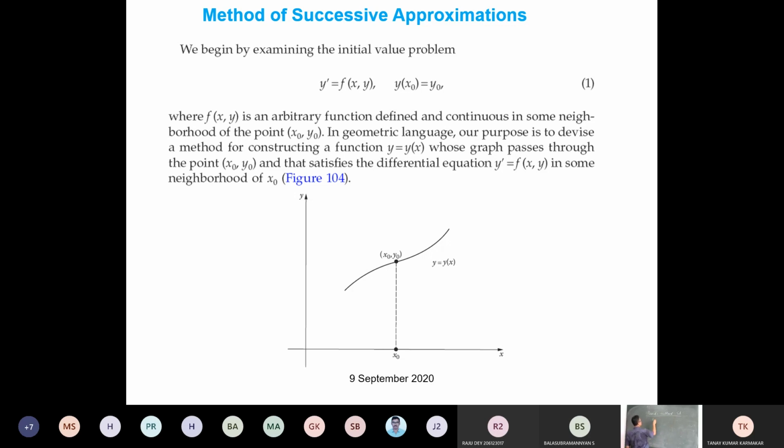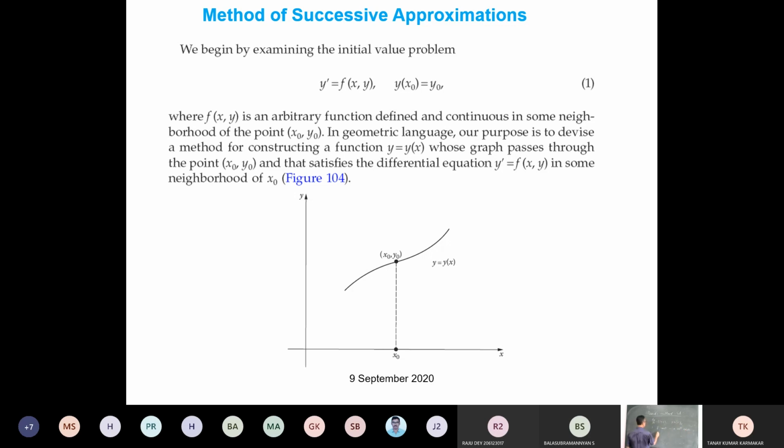This is my initial value problem. I am seeking the solution in some neighborhood of x naught. Now the existence and uniqueness theorem tells you that if, number 1, f is continuous, a solution exists.